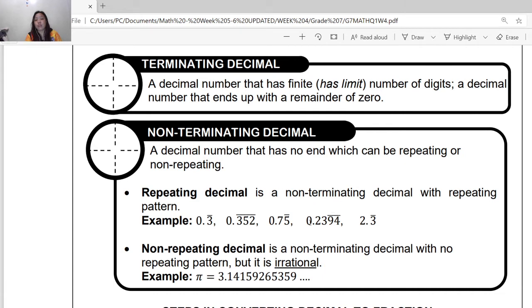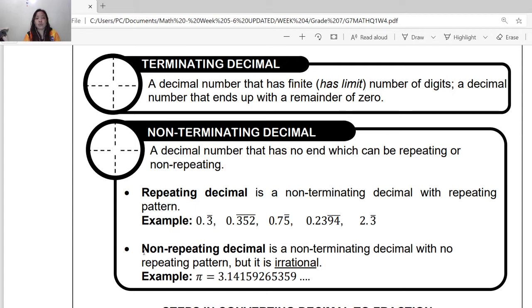So therefore, it is equal to 0.23, 94, 94, 94, 94, and so on, because it is non-terminating decimal. Next one is 2.3, and the bar is at 3. So you can also write this as 2.3333333, and so on. So that is for repeating but non-terminating decimal.